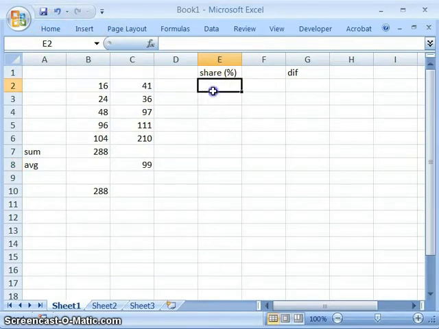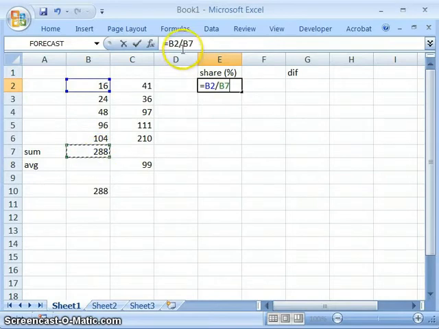We did this before, but I'm going to show you again. This time I'm going to use the 16 and the 288, because we don't want it as a percentage of the average. So again, it's this number divided by this number, but we remember we have to make that an absolute reference, because we don't want it to jump all over the place and make us look like we don't know what we're doing.